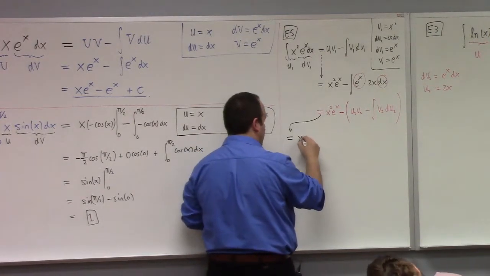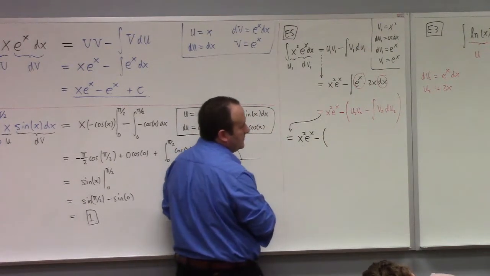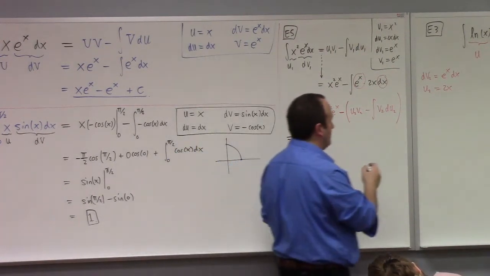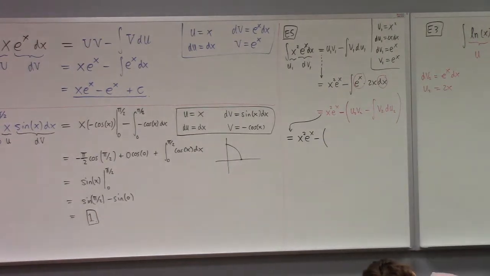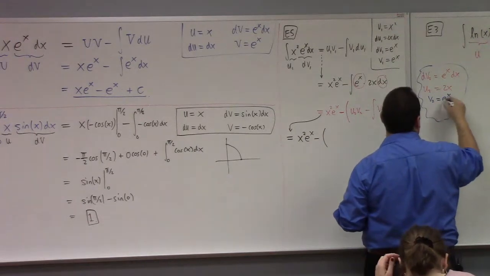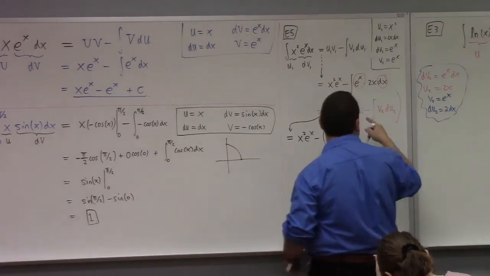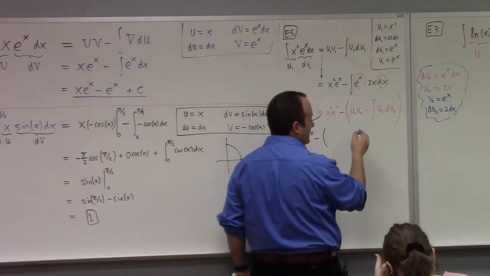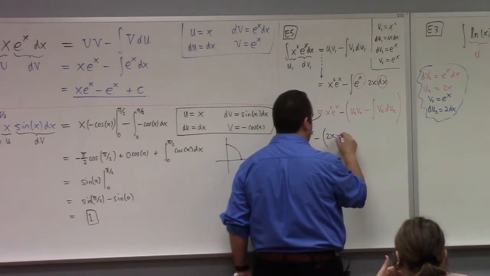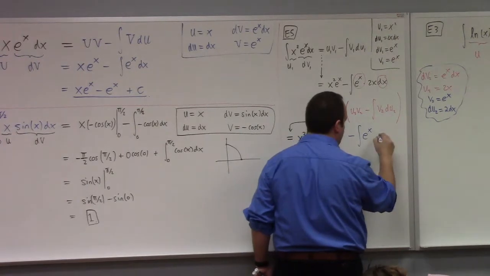So that's going to give us x squared e to the x minus, big parentheses, what's u2 v2? So du2 is just 2dx. u2 v2 is 2x e to the x minus the integral of e to the x times 2 dx.